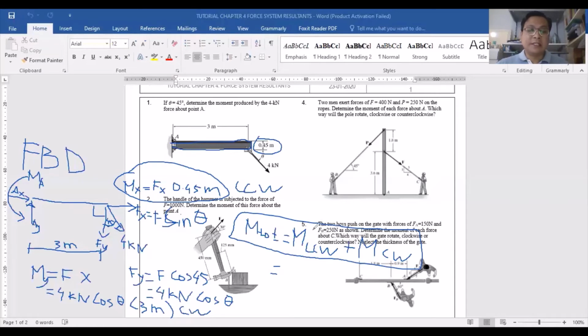So if you consider counterclockwise positive, put it here, and then put the total of the calculation here. Okay, this one is for question number 1.